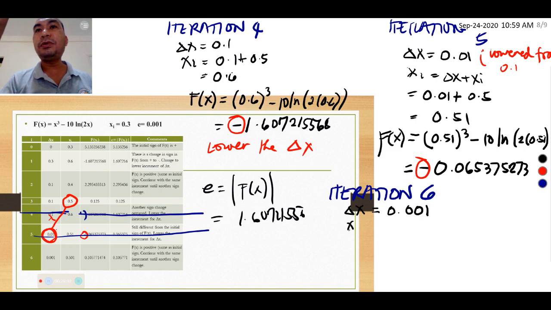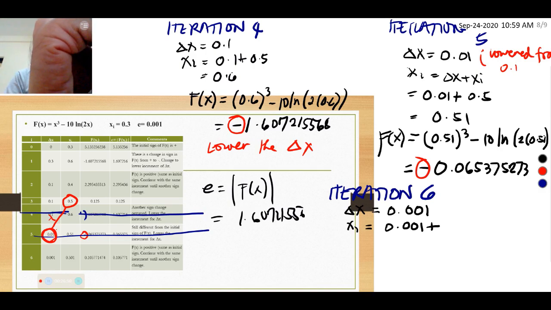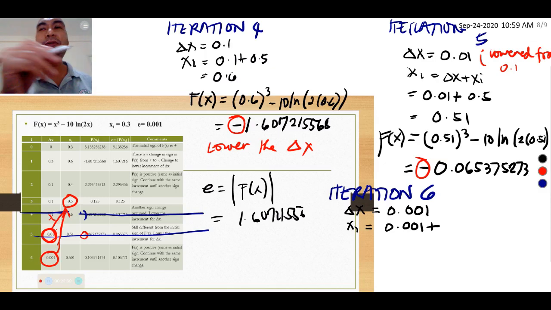And then our xi will be 0.001 plus the previous positive value of xi, which is 0.5. So that will give us 0.501.